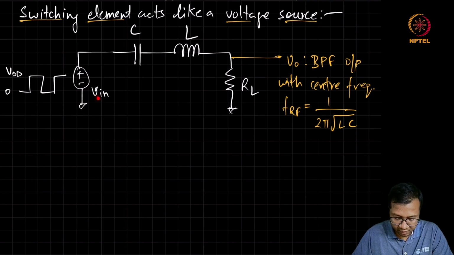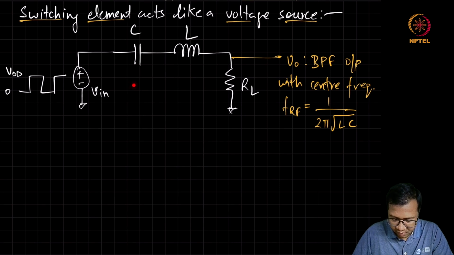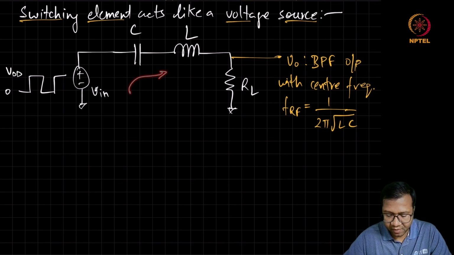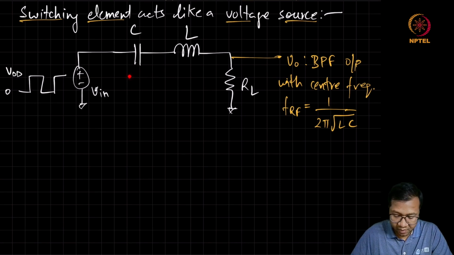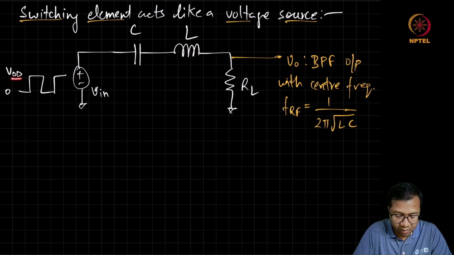So instead of changing the switching source, what we can do is we can try to modify this network itself so that the effective voltage source, which is appearing from the load side, will have a reduced swing without actually requiring the voltage supply to be changed.